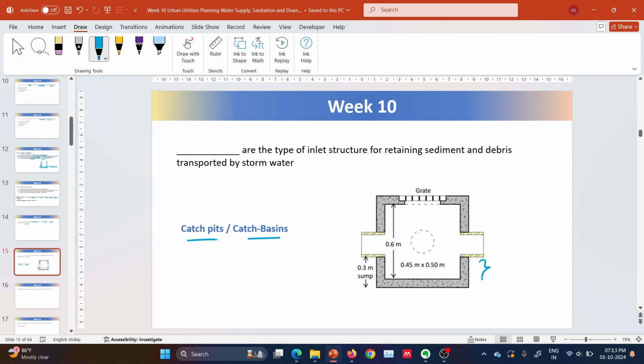This depth is used for retaining sediments.